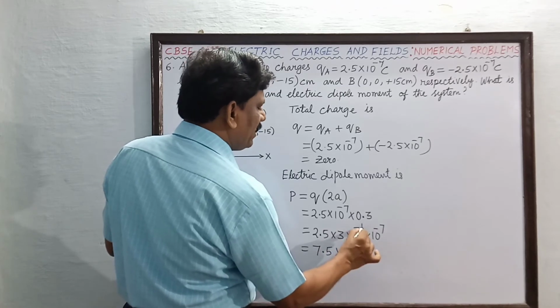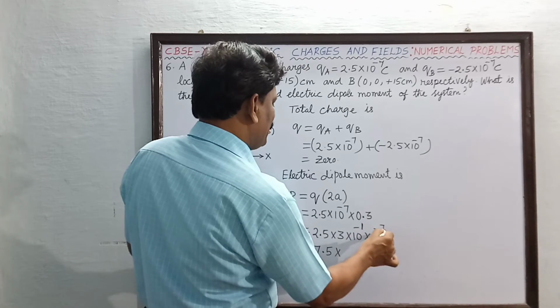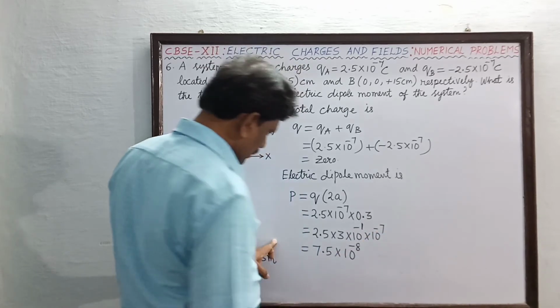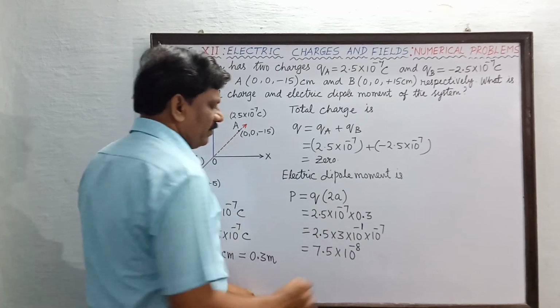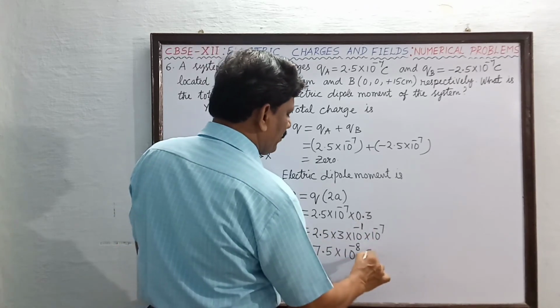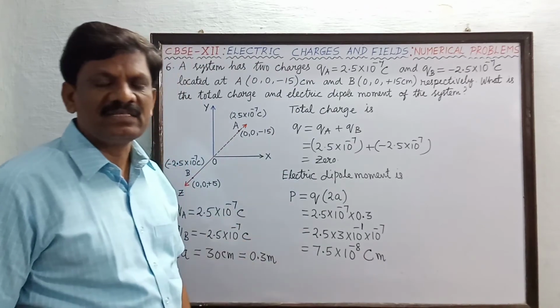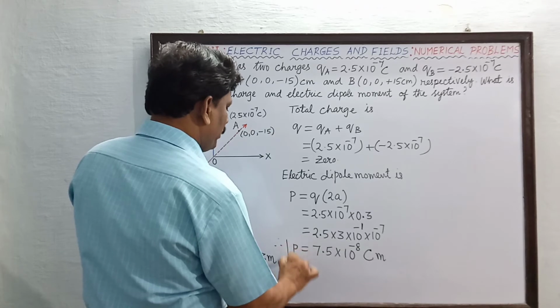This is 10 power minus 1 and this is 10 power minus 7, so this is 10 power minus 8. So this is 7.5 into 10 power minus 8. Charge is in coulomb, distance is in meter. Therefore, it is coulomb into meter. It is not centimeter, it is coulomb into meter. So we can write the dipole moment.